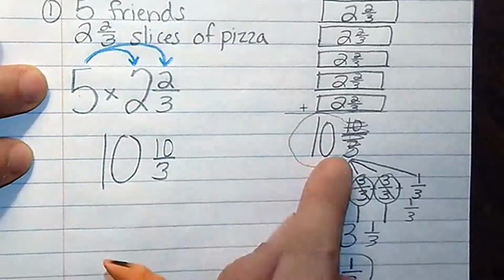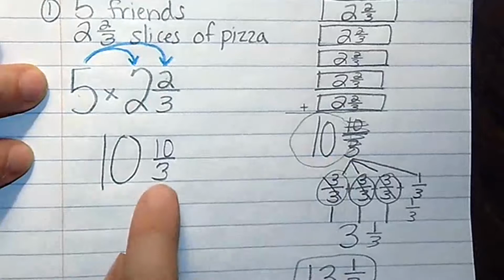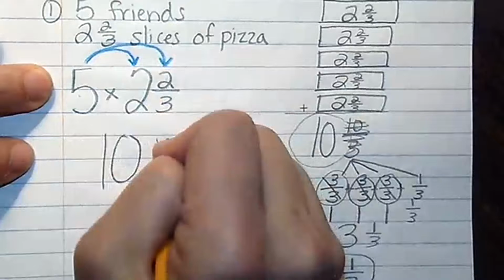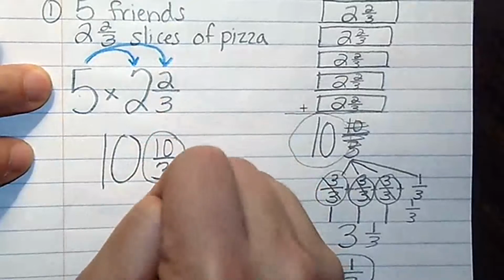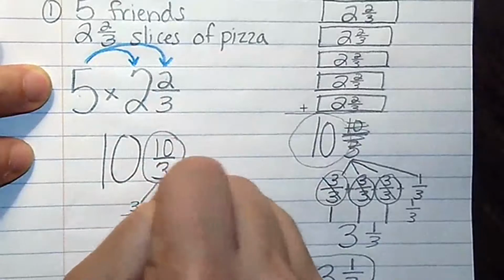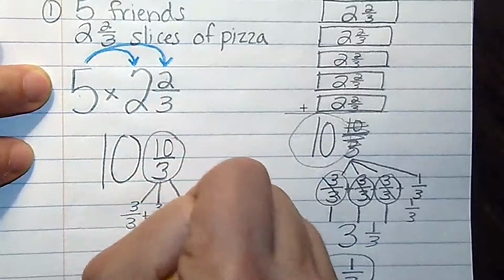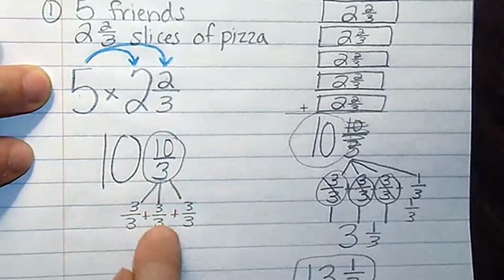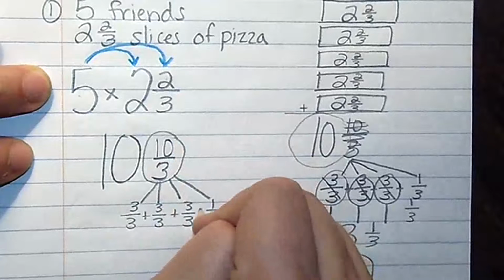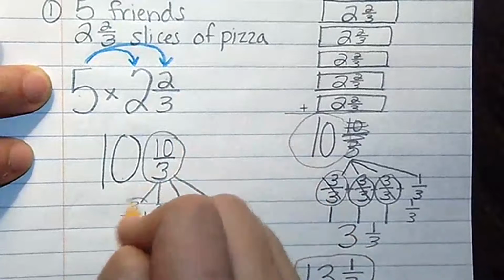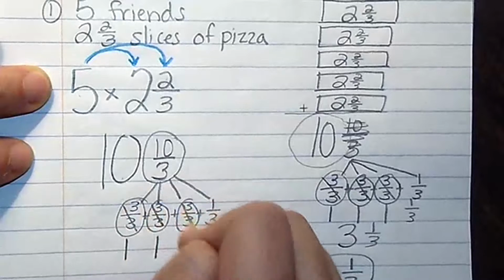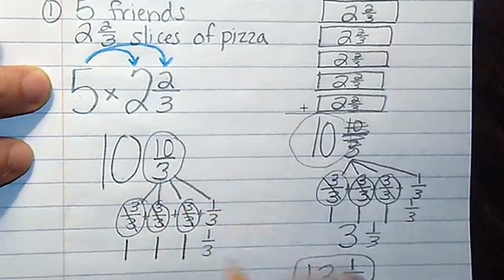So it looks like I'm on the right track, right? But I can't leave 10/3. So of course I would make my number bond. I'm going to take out 3/3 as many times as I can. 3/3 plus 3/3 plus 3/3, that's 9/3. I need one more third. So I have 10. It's an extra 1, an extra 1, an extra 1, and still 1/3.